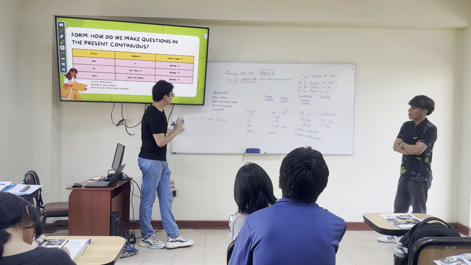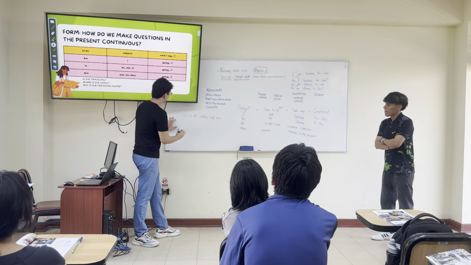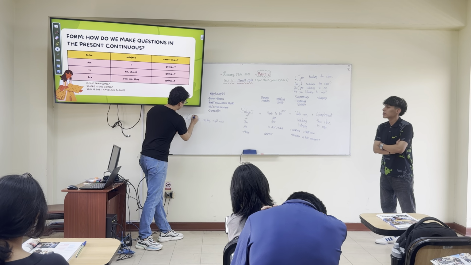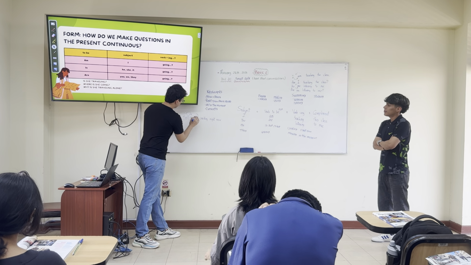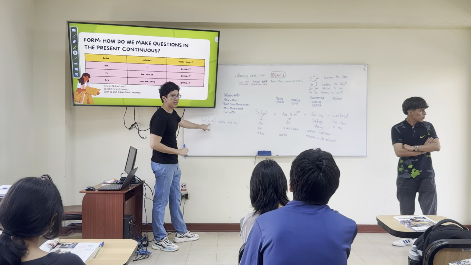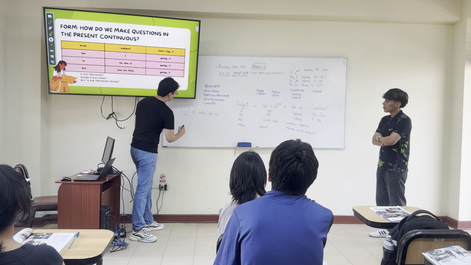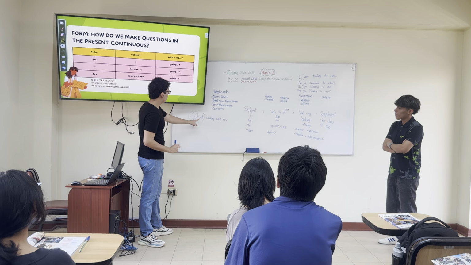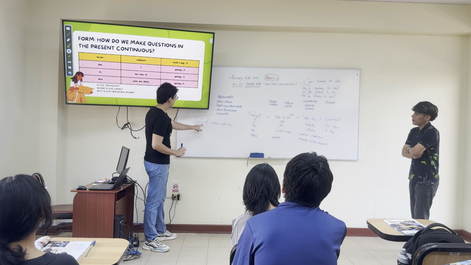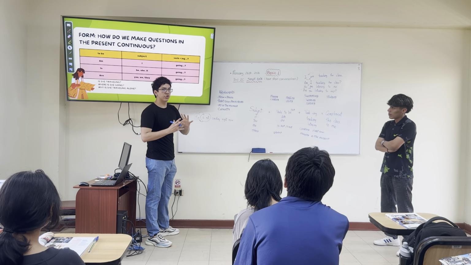So, if we need to make this a question, the only thing we need to do, as I told you, is this is going to be second, and this, the whole verb to be, is going to be first. When the verb to be is negative, we need to contract it.